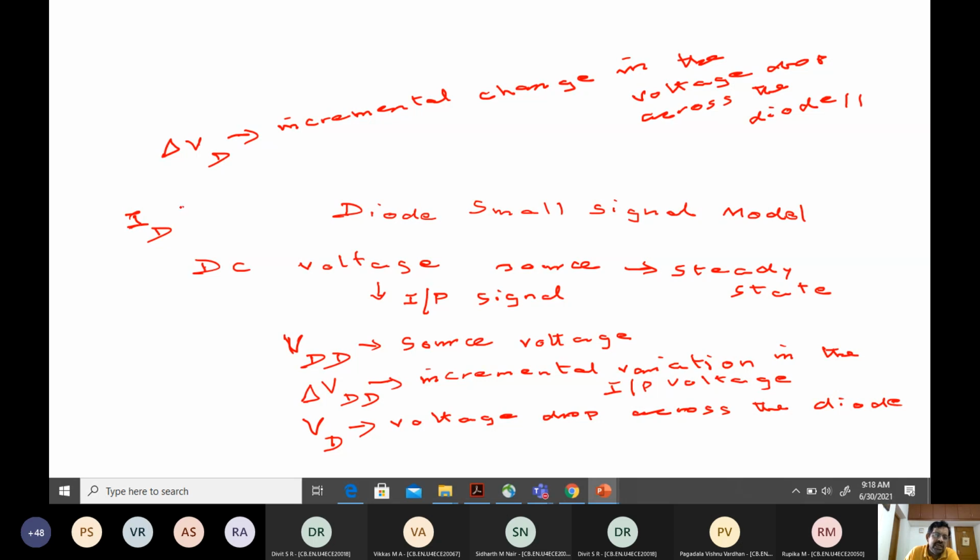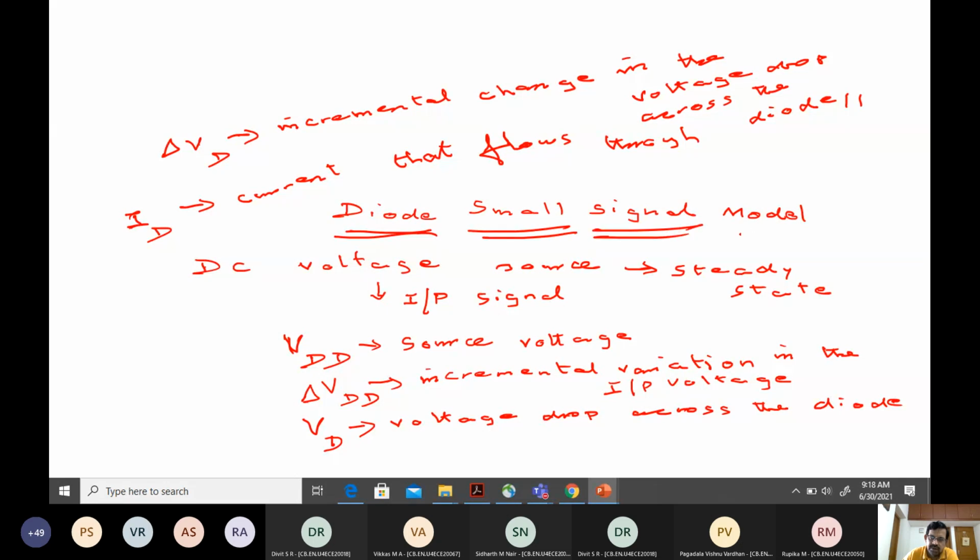If capital ID is the current that flows through the diode, then delta ID will represent the incremental change.